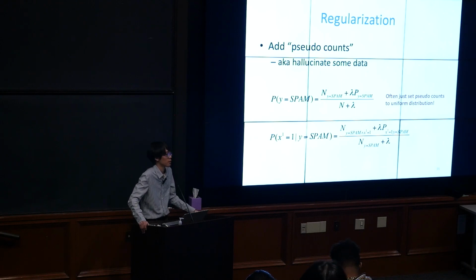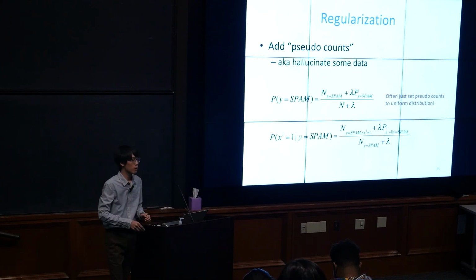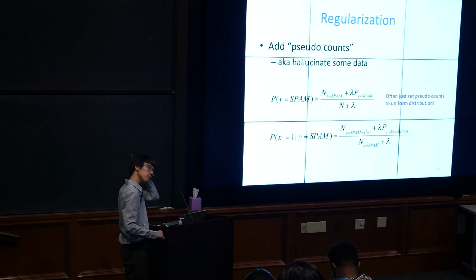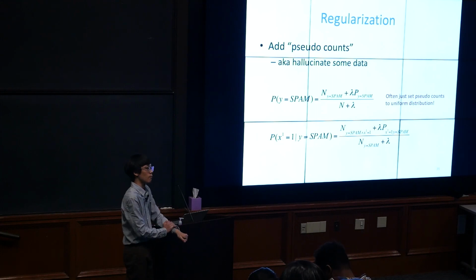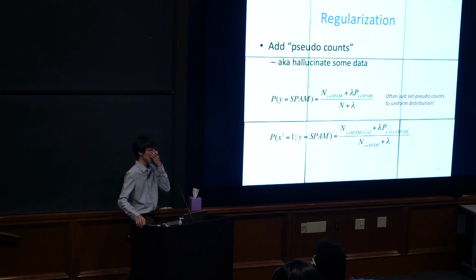Okay. Yes. I guess I was wondering, I understand why we don't want to have zeros in our p(x) or p(y). But if something never shows up, why do we want to model it? Why not just remove it and not care about it?